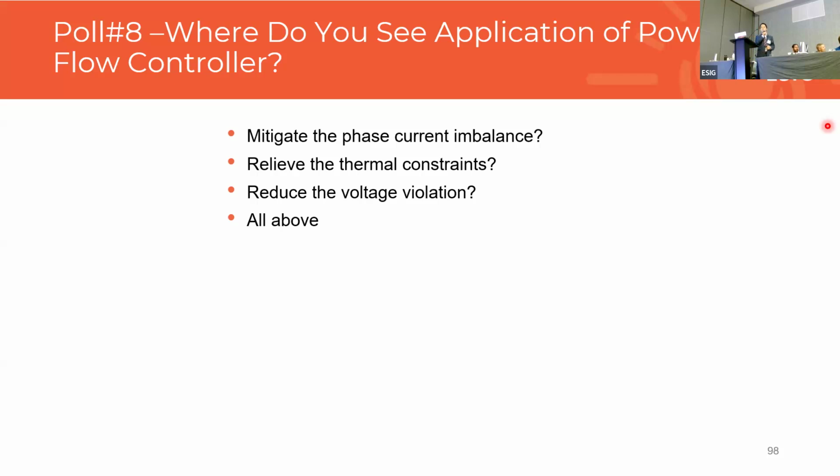Reduce the voltage violation. Do you see that application? If you see that the power flow controller can help with that, raise your hand. Yes? Voltage is more attractive. And I think your conclusion is that voltage control is more effective than current control. Is that right? For that one, but they were both eliminating the same imbalance. So Mike doesn't have the mic here.